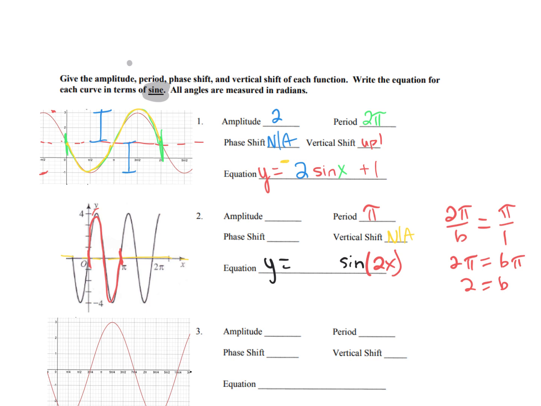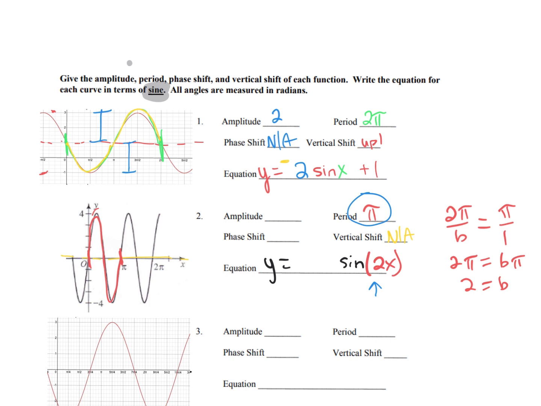The b equals 2 is helping us find the number that has to go in front of the x so that it gives us the period of pi. If you do 2 pi over 2, you get that the period is pi.